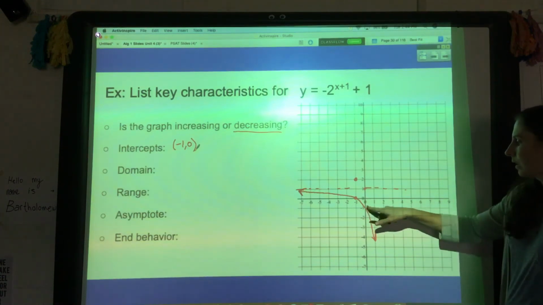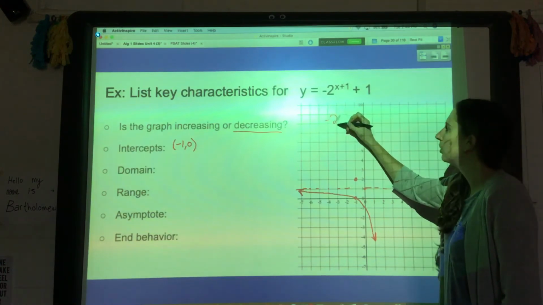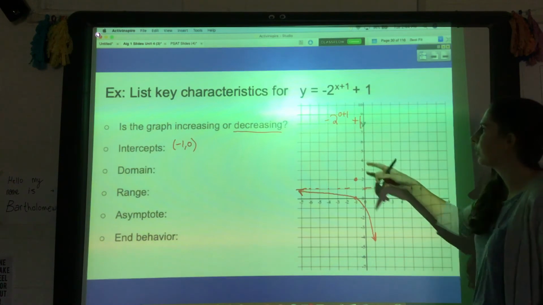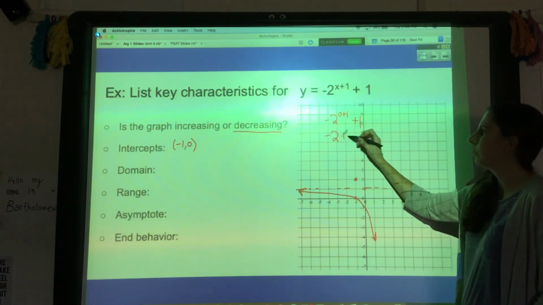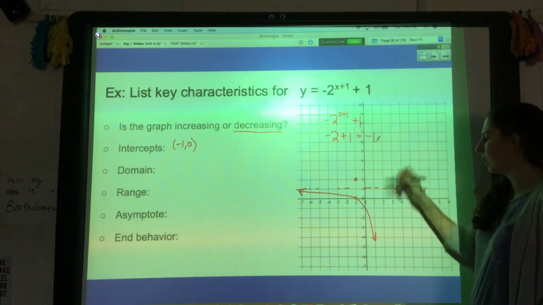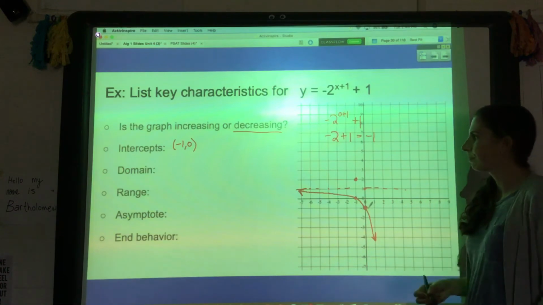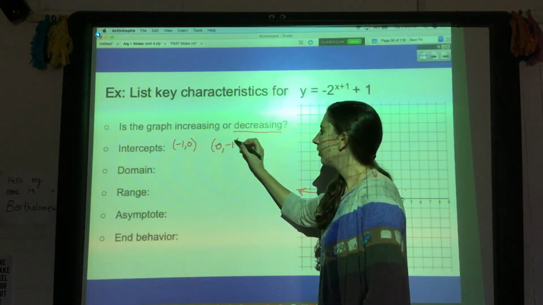If you want to find the y-intercept, you plug in 0 for x. So negative 2 to the 0 plus 1 power plus 1, where 0 plus 1 is just 1. Negative 2 to the first power is negative 2, plus 1, which is -1. So my graph was pretty accurate. It does go through -1. So the y-intercept is (0, -1).